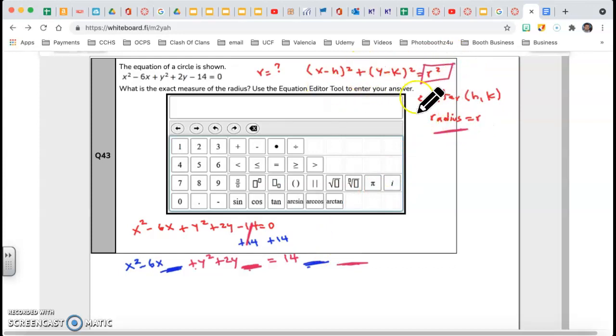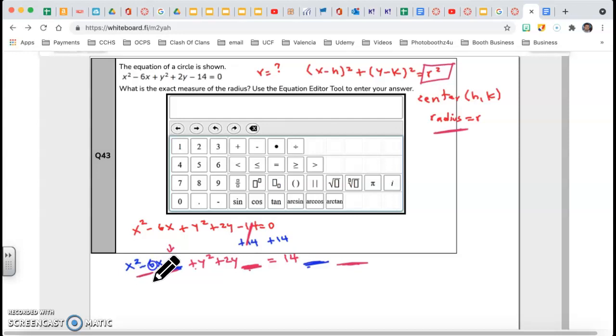If they ask me for the whole equation and the center, I'll move on. The only thing they're asking me for is the radius. You know what? I'll probably finish and do the center. So I need to complete the square. How can I complete the square? One number goes here, and one number goes in this blank.